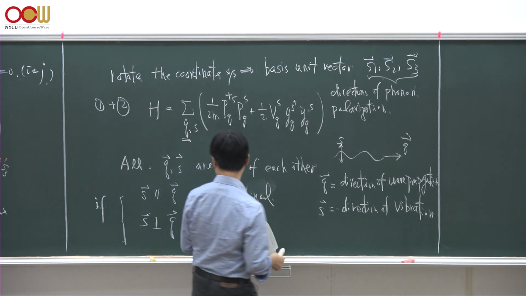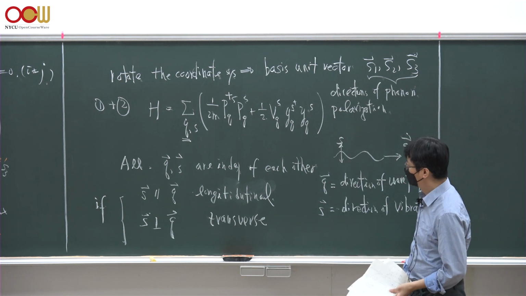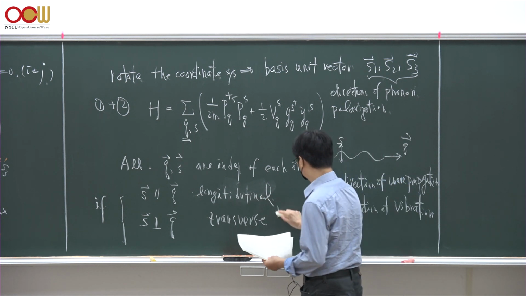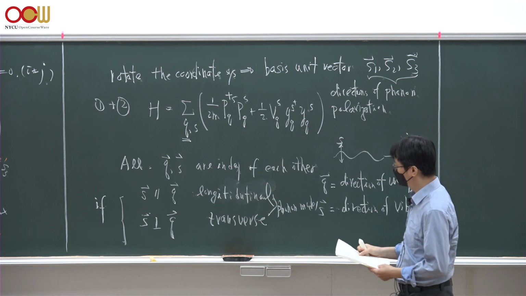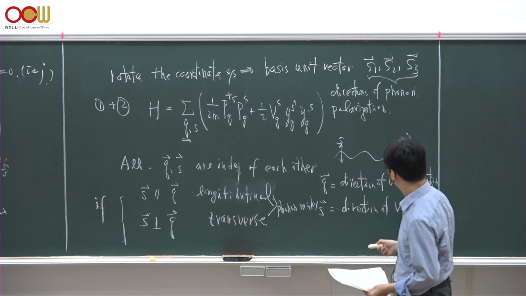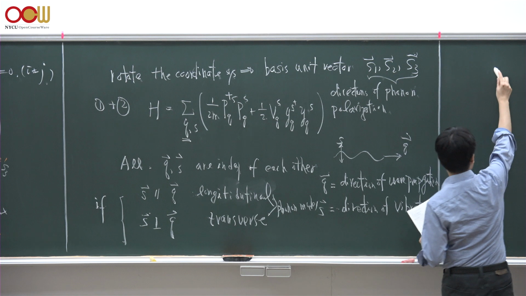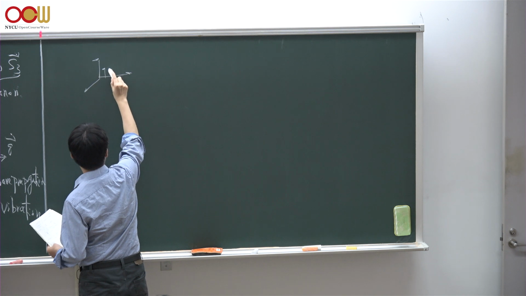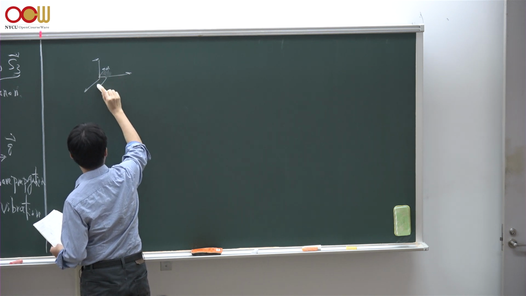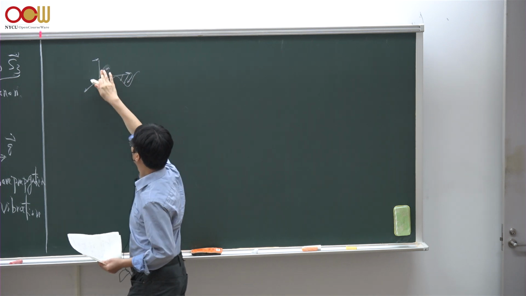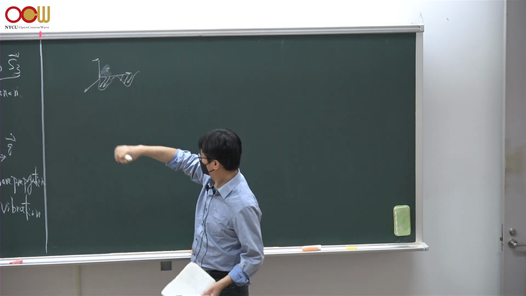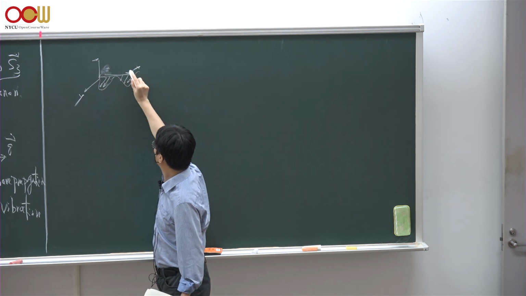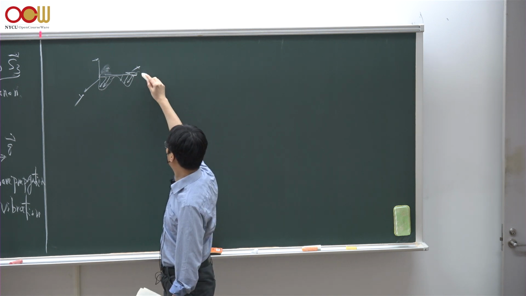So therefore, we could distinguish these 2 different situations. When s is parallel to q, we call this the longitudinal phonon mode. But if s is perpendicular to q, we call this transverse. Okay, so let me give you an example of what this transverse mode could mean. Remember your electromagnetic wave, right? Suppose your electric field vibrates along, say, the y direction, but your wave is propagating along the x direction.